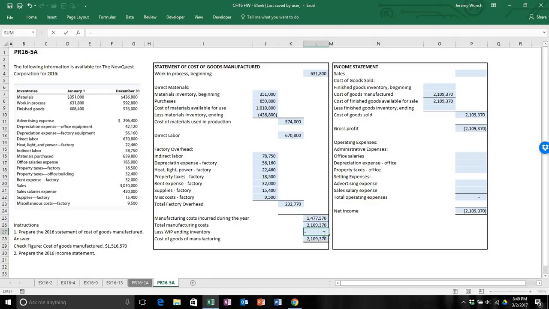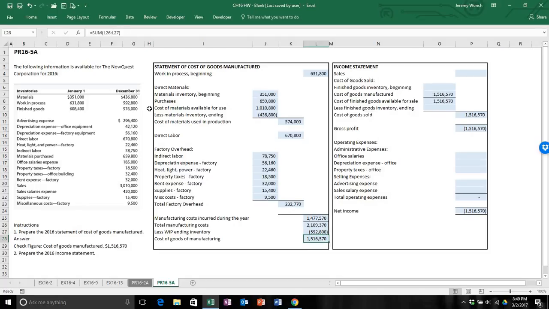Our ending balance is going to be 592,800.